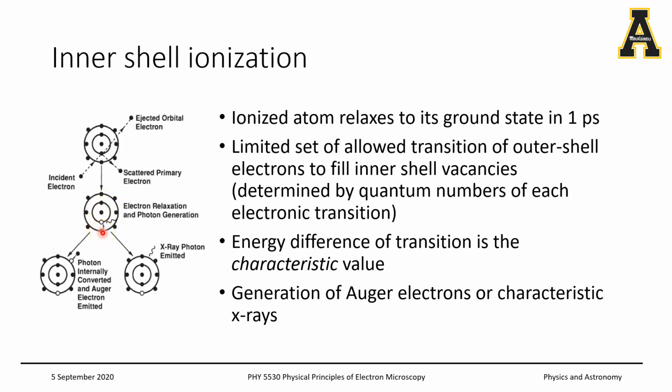So in order to thermalize or go back to its ground state, it will want to minimize the energy. So the electron from the outer shell goes back into the inner shell, and then there is a quantized energy difference between the two shells, and that quantized energy difference is emitted in the form of an X-ray, which is the characteristic X-ray, right? So there you have your X-ray photon that is emitted.